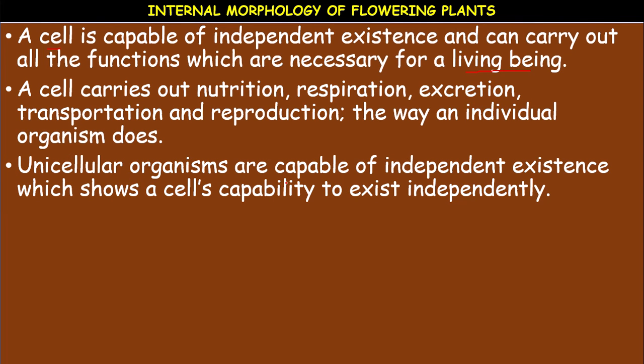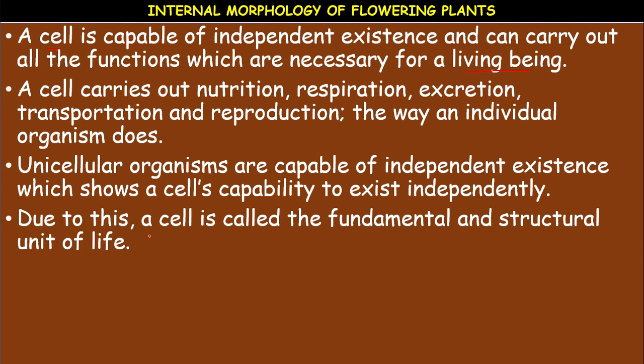So, in unicellular organisms, these cells are capable of independent existence, which shows a cell's capability to exist independently. Due to this, a cell is called the fundamental and structural unit of life. What is a cell? A cell is a fundamental and structural unit of life.